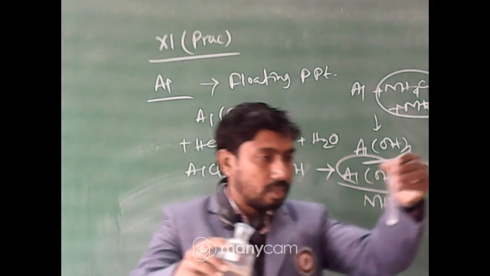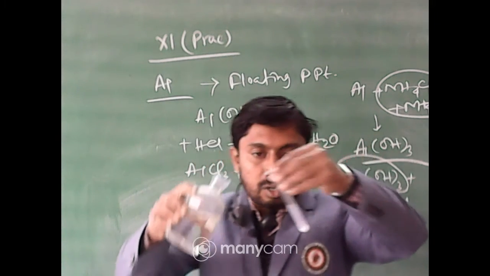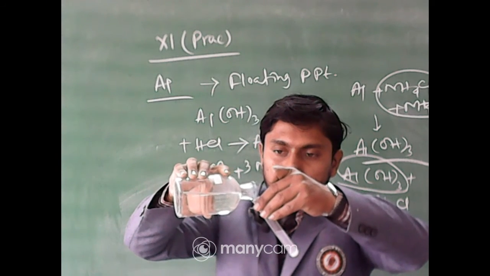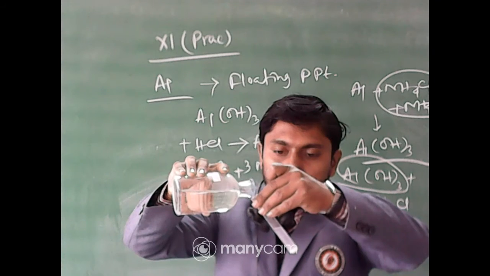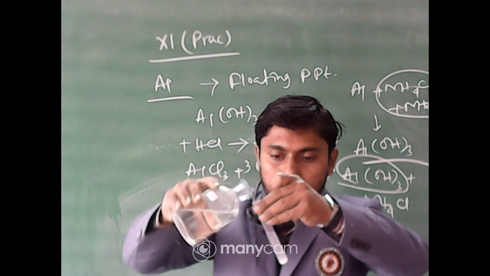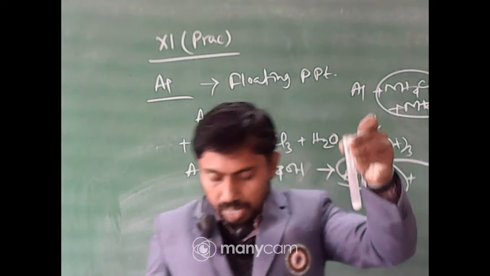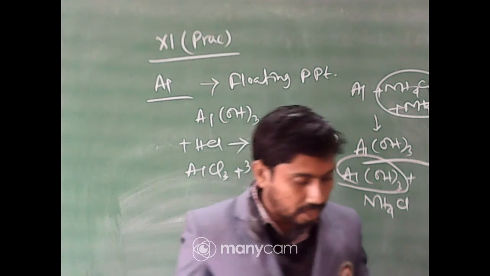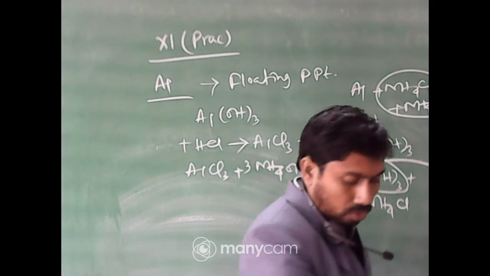Yes, some solution rejected. It is just a light blue color. When it turns light red, then we will stop the addition of HCl. Okay, now it becomes light red. So, again we will add ammonium hydroxide to this.